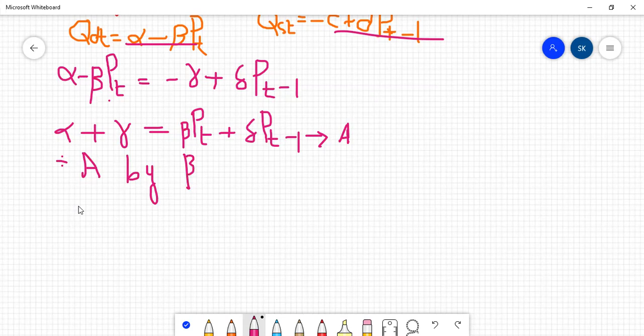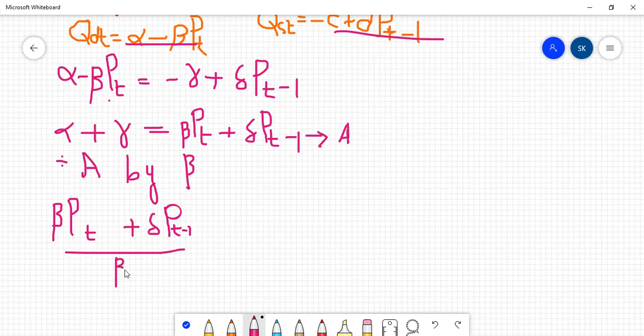So what will happen over here is we arrange the following equation. We get beta pt plus sigma pt minus 1, the whole divided by beta, is equal to alpha plus gamma divided by beta.